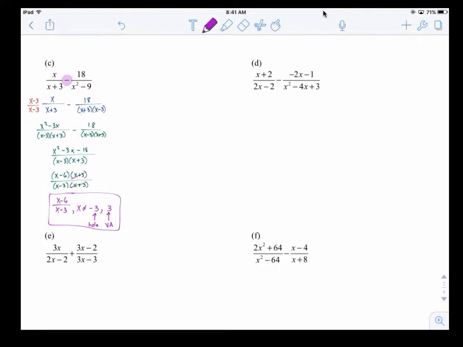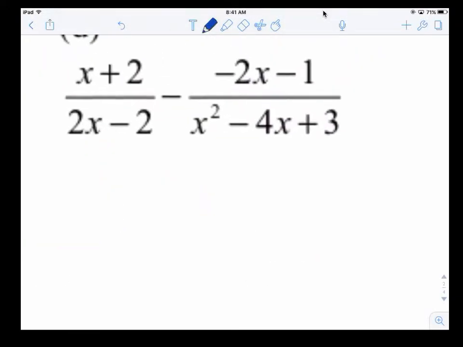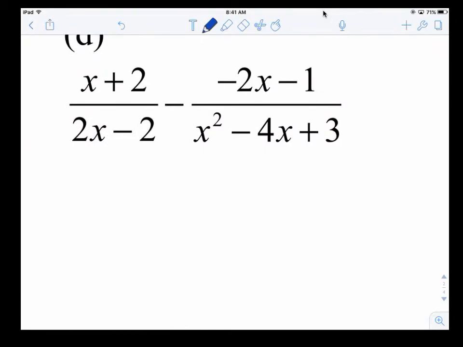Okay. All right. Let's do one more. Can I factor anything on the left side? Denominator, right? So I'd have x plus 2.